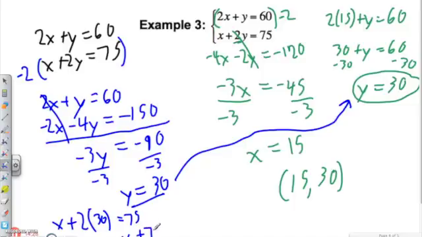X plus 2 times 30 is 60. X plus 60 equals 75. We subtract 60 from both sides, and we get x equals 15. Notice that's the same thing we got here.